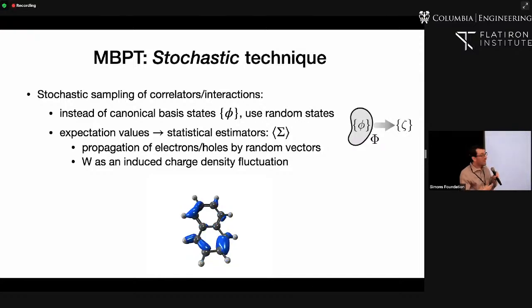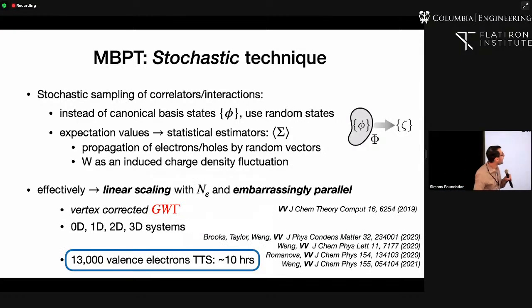In practice, it means that you need only a few samples to get all your main modes of propagation of these interactions in the system. So you go from n to the fourth, or n to the sixth if you include vertex corrections, to something that we observe to scale linearly with the system size. And it's all due to the fact that we are looking at those collective modes of interactions.